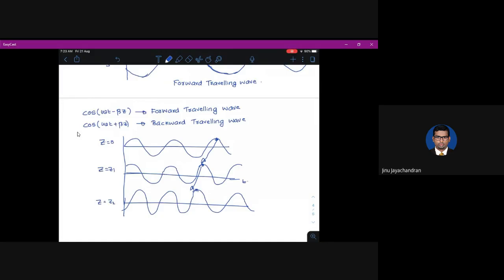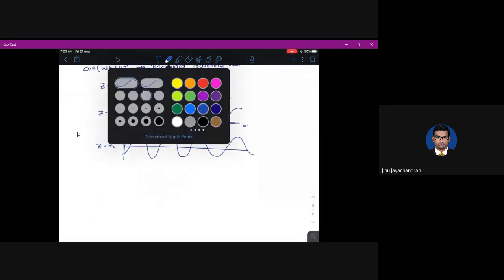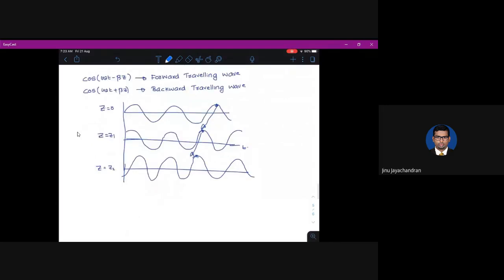So the solution of the differential equation gave you two waves. One is a forward traveling wave and the other is a backward traveling wave. But it is not the only thing that is there in the equation. Our equation has V0 plus e raised to minus alpha z cos of omega t minus beta z.